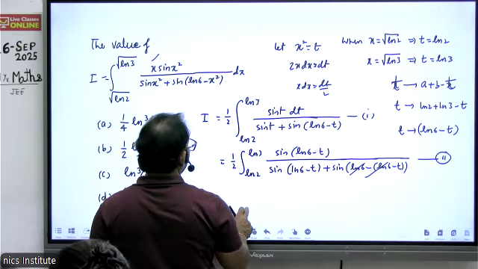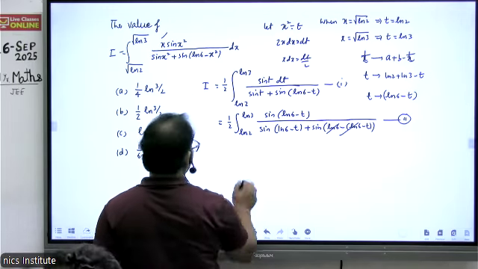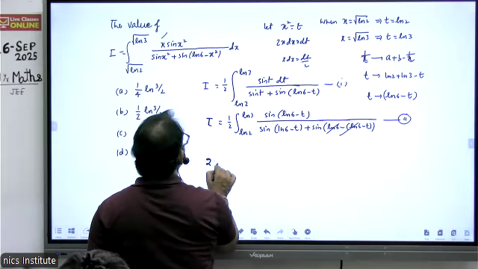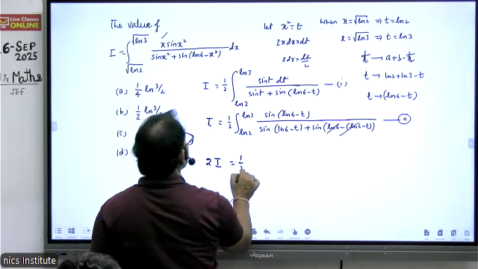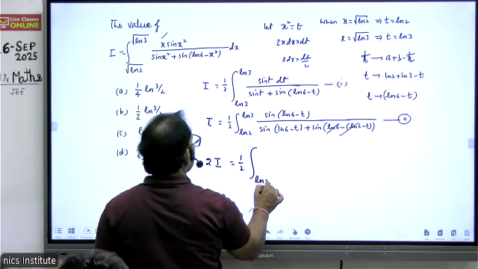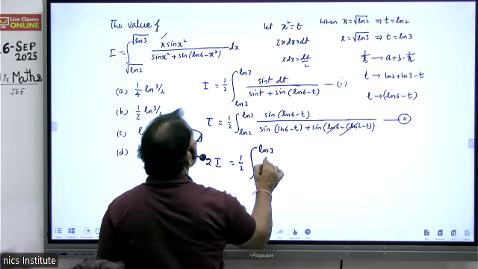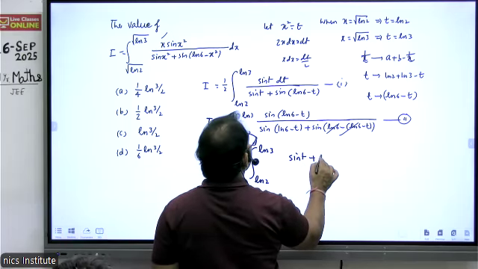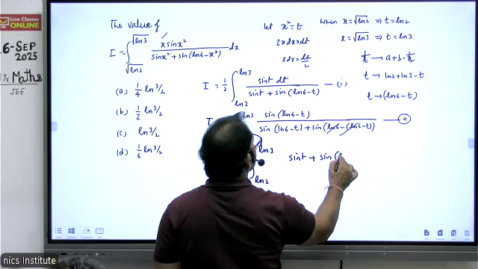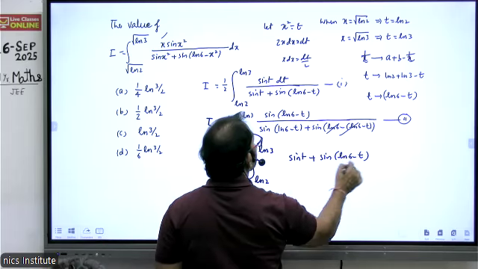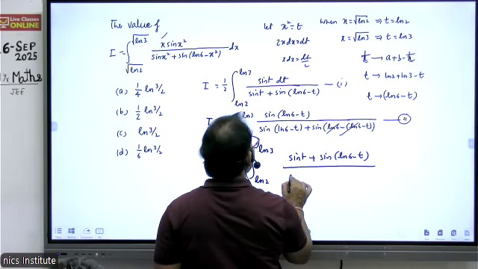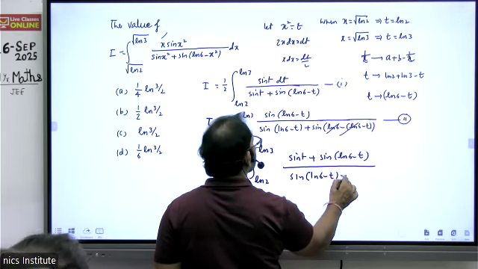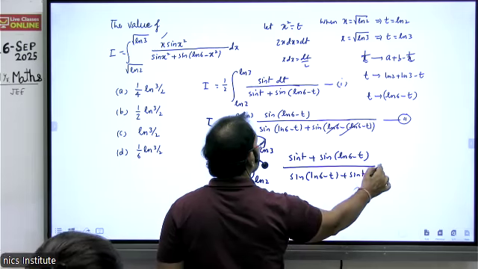Equation 1 and 2 have the same denominator. So left side would be 2I. Half is out. Limit ln2 to ln3. sin t plus sin(ln6 minus t), whole divided by sin(ln6 minus t) plus sin t.